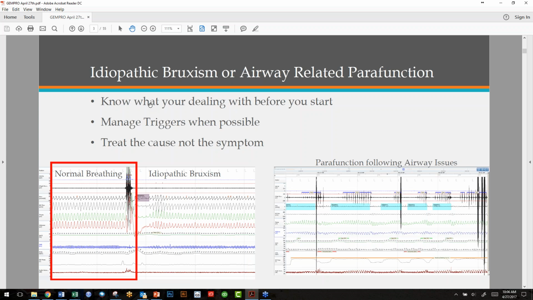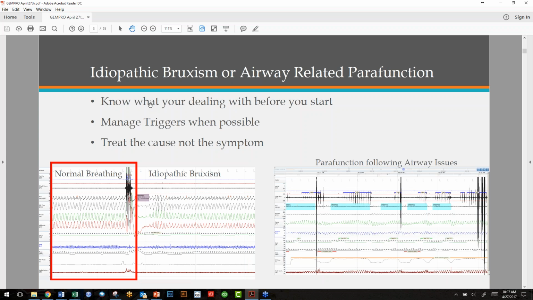On the right, again, there are those blue boxes, and you can see how linked they are to the clenches and grinds. It's one for one. Each one of those boxes has a bunch of parafunction associated with it. The tooth wear that's going on the right happens as well as tooth wear on the left.